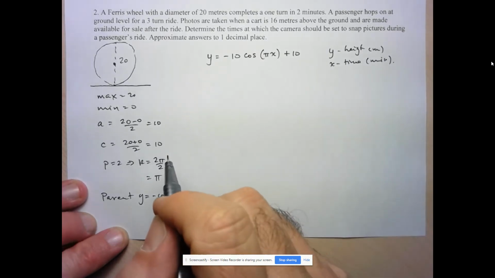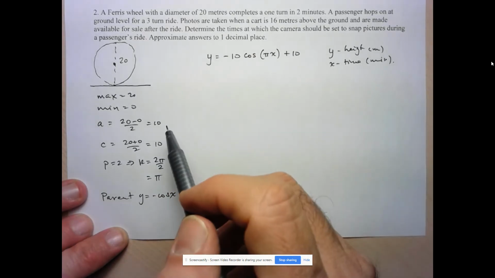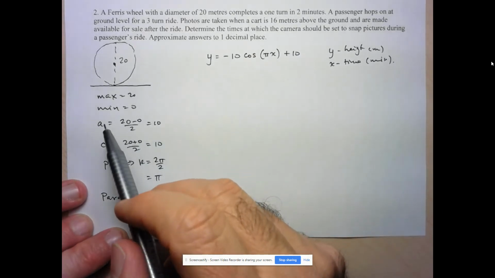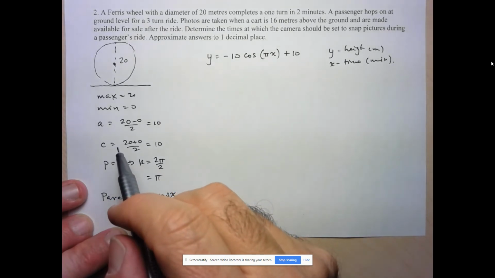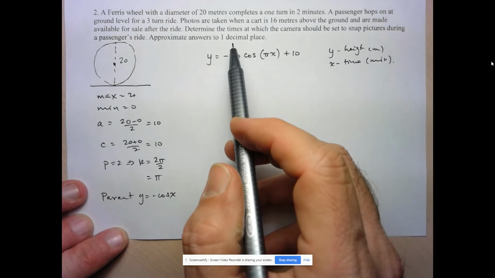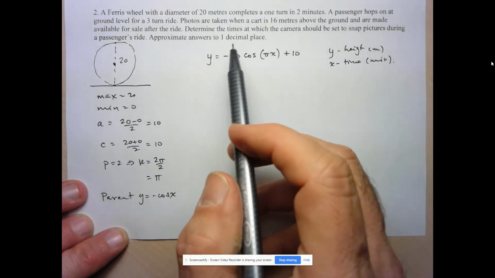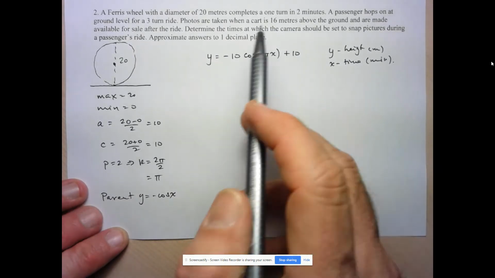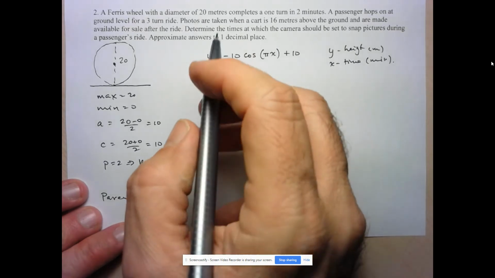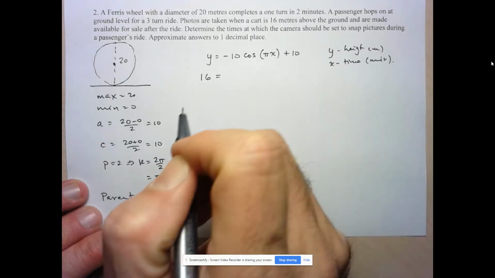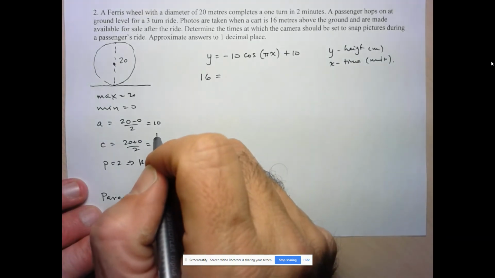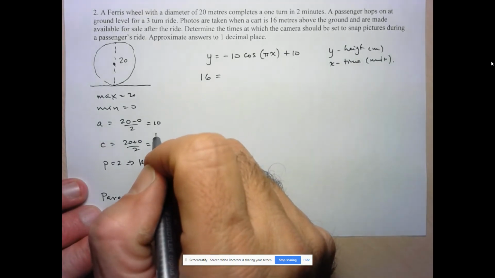We've done quite a few questions like this, except now there's an added part to this question. They want us to determine when the camera should be working in order to take the pictures every time the cart is 16 meters above the ground. In other words, we want to determine all those times at which the cart is 16 meters above the ground, and those are the times that the cameras are going to be set to flash.